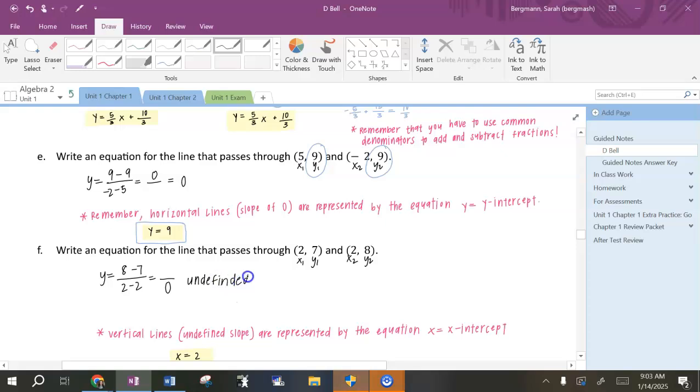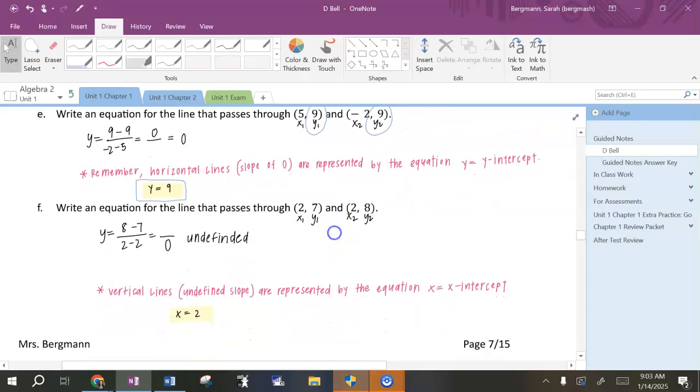Earlier in the lesson, we talked about how an undefined slope means that it is a vertical line. Vertical lines are always represented by the equation x equals the x-intercept, so you're going to take whatever that x value is in all the points, and that's going to be the number in the equation. And keep in mind, when it's vertical, it's x equals, horizontal is y equals.